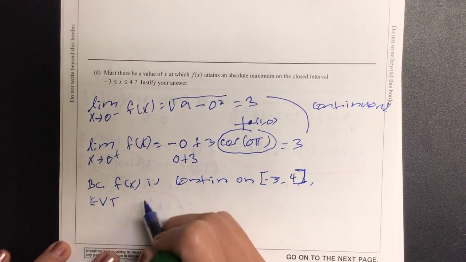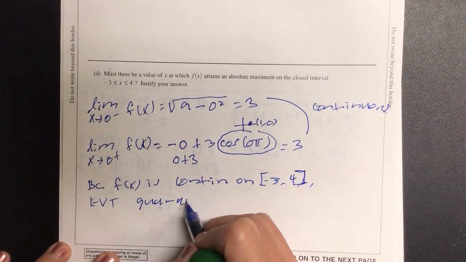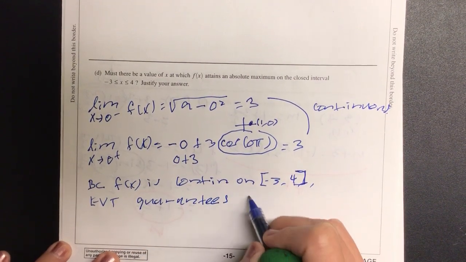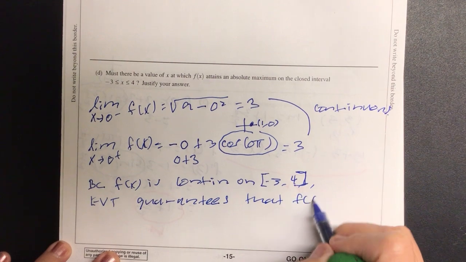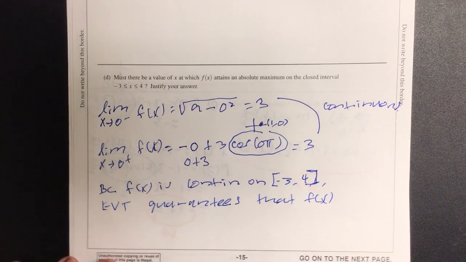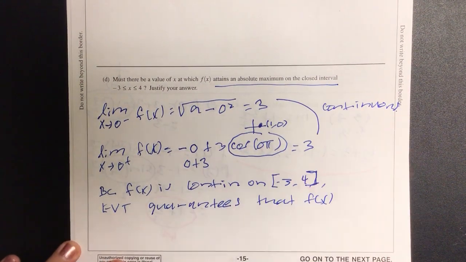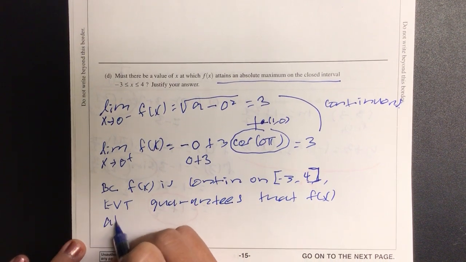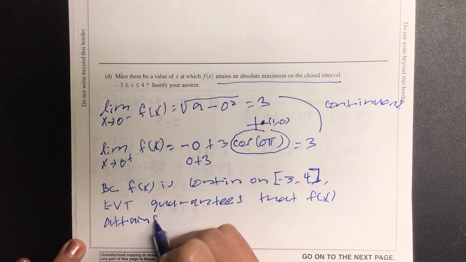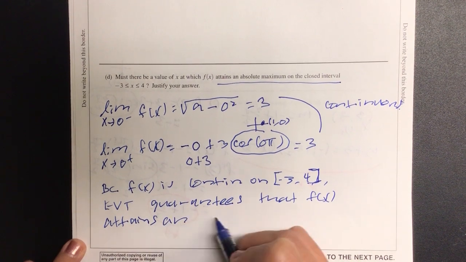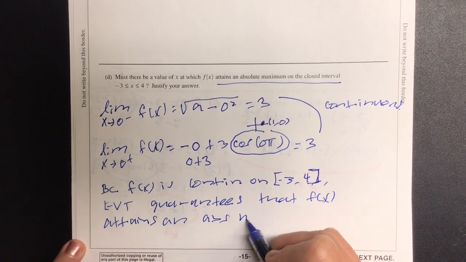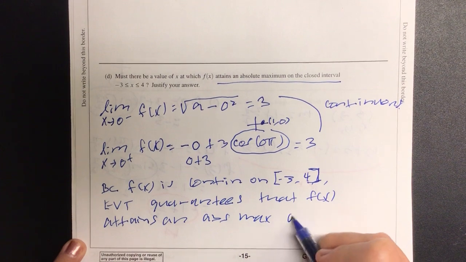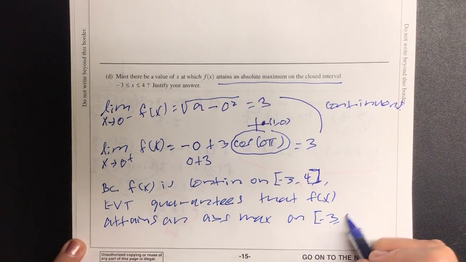The Extreme Value Theorem guarantees that f of x attains, and I'm using this exact phrase that's in the question, an absolute maximum on, again, the closed interval negative 3 to 4.